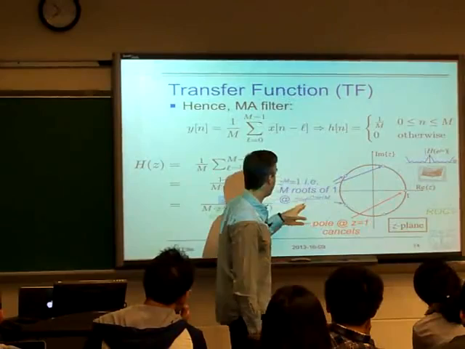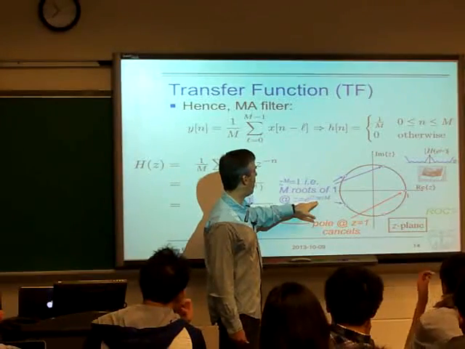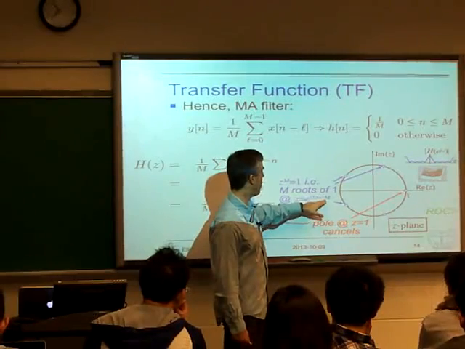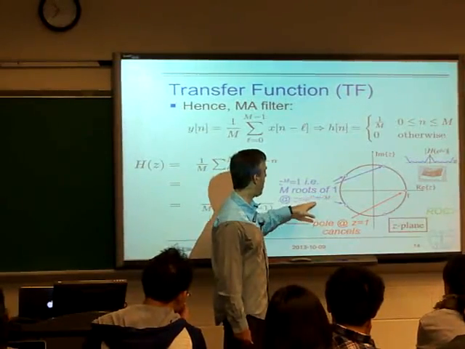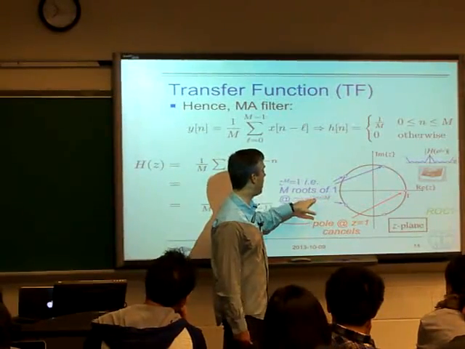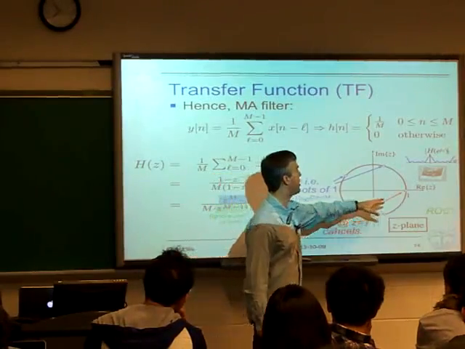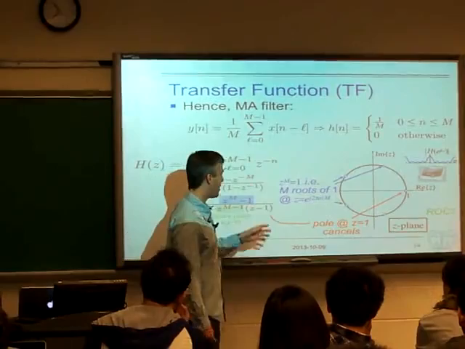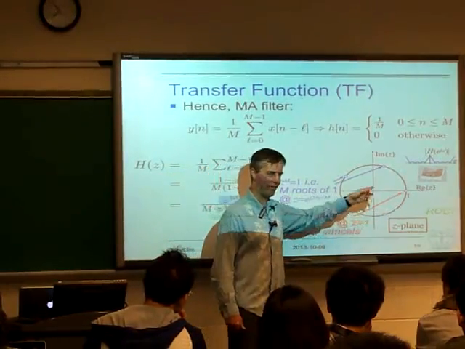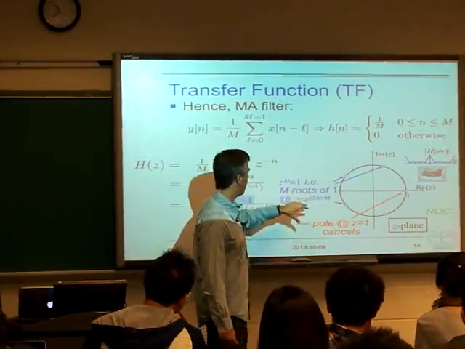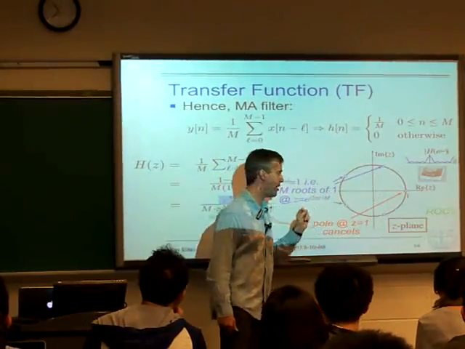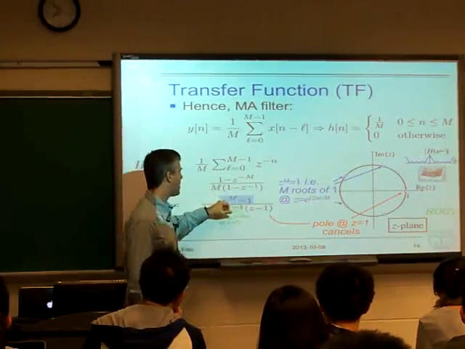So the roots are actually e to the j 2 pi r on m for any integer r, because when you raise that to the mth power, it's just multiplying this phase by m, which gives e to the j 2 pi r, which is back at unity. These are the roots of unity, as you may have come across them. For z to the m, there are m of them, equally spaced around the unit circle. So those are the zeros.